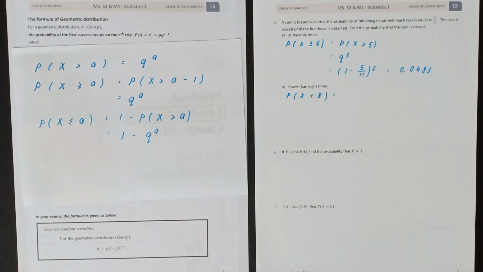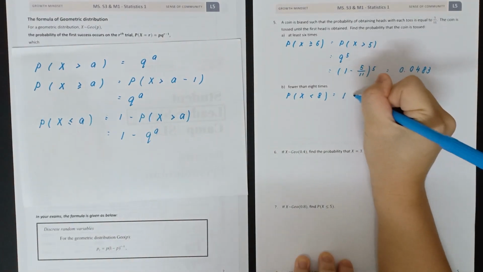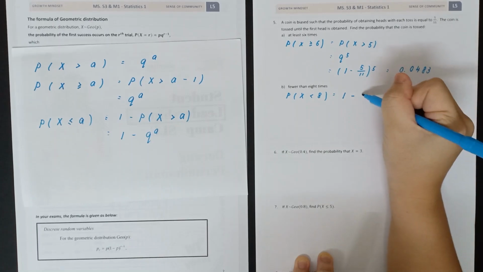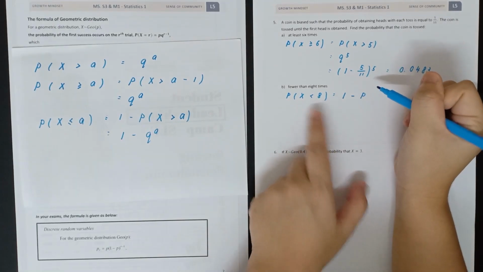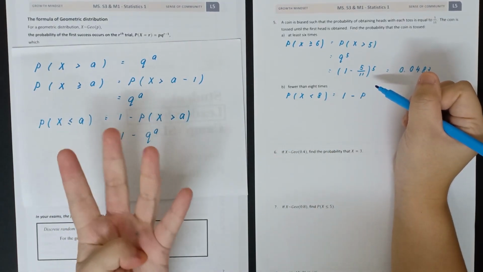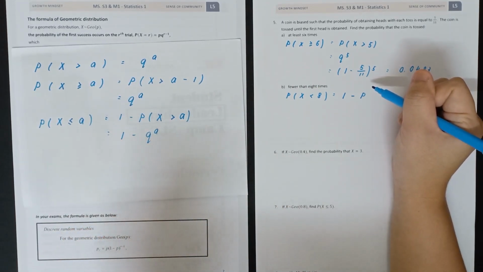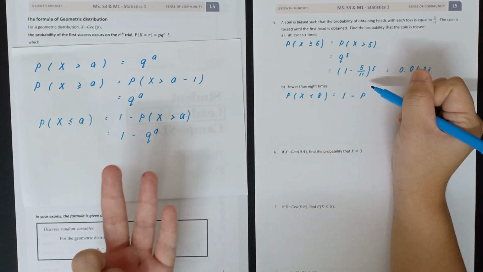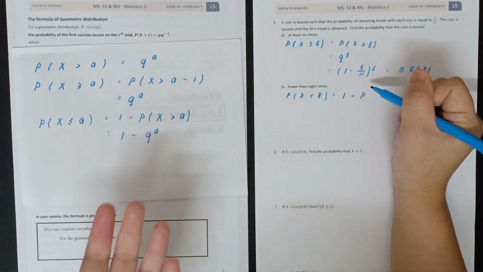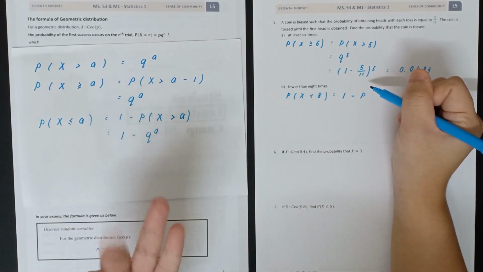So fewer than 8 times, what does that mean that doesn't happen here? In other words, fewer than 8 times is basically 1 minus what doesn't happen. So 1, 2, 3, 4, 5, 6, 7 is the thing that you want to find. The thing that you don't want is above, meaning you get 8, 9, 10, 11.